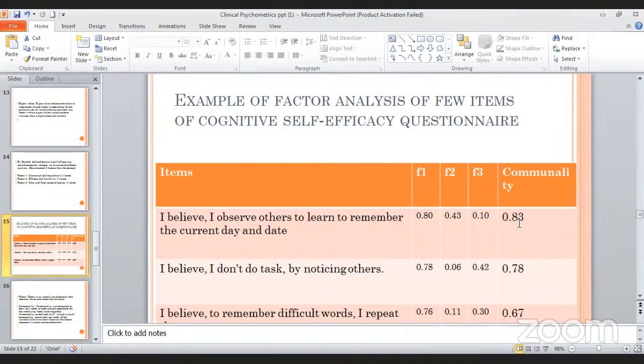That means how much common variance can be explained by these factors. For all three factors, the proportion of common variance explained by this particular item or variable is the communality.